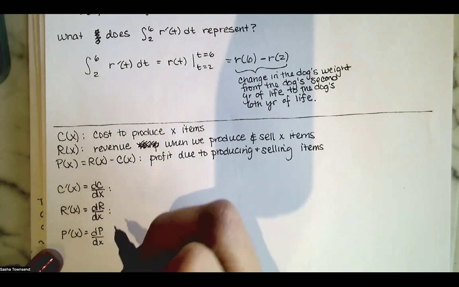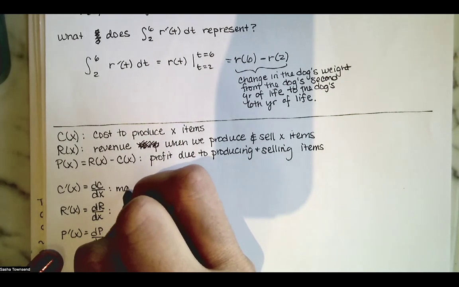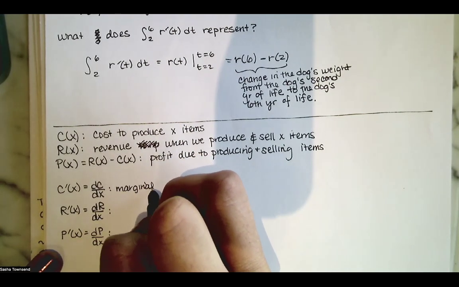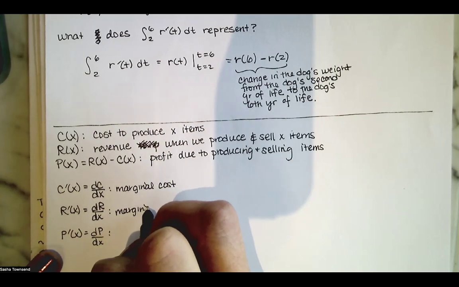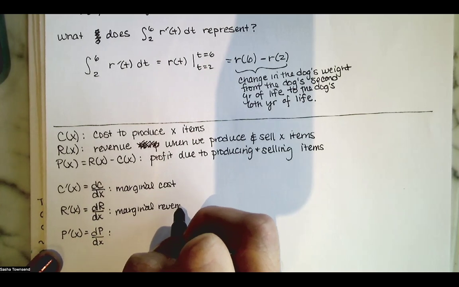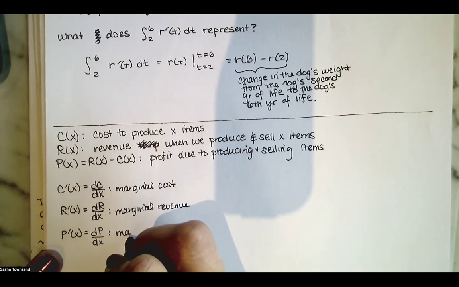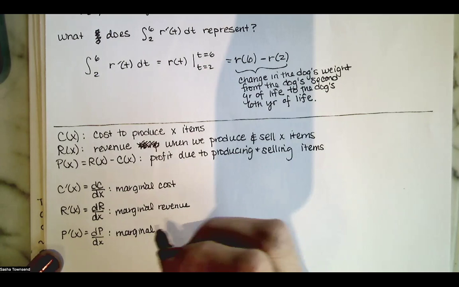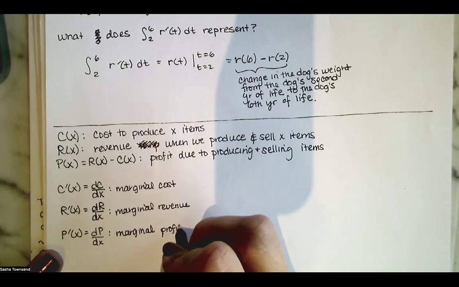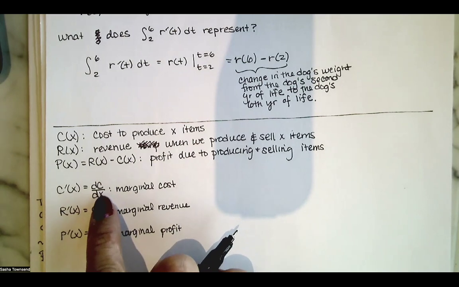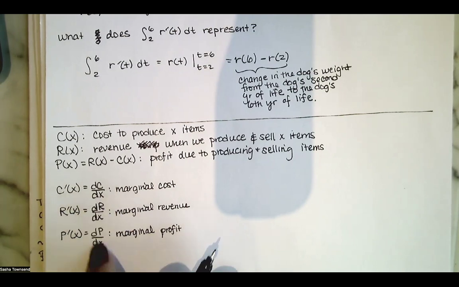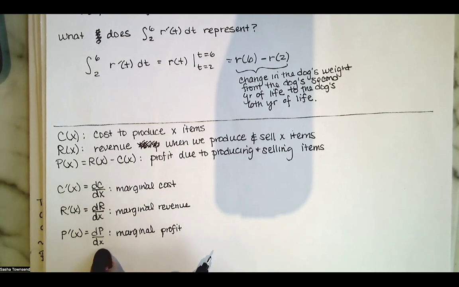That's what we call them. And so this is how much the cost changes as we increase the number of items sold. It's going to be some number of dollars per unit. All three of these are going to be some number of dollars per unit.